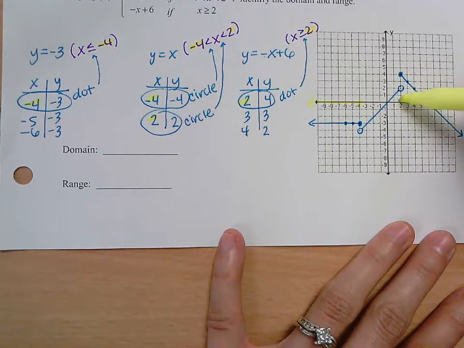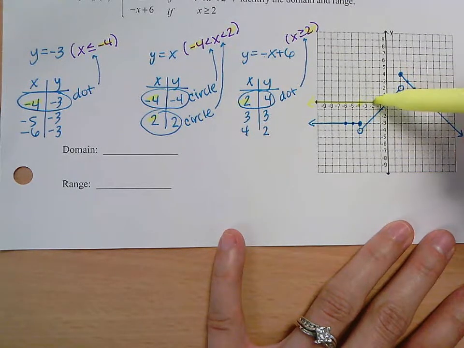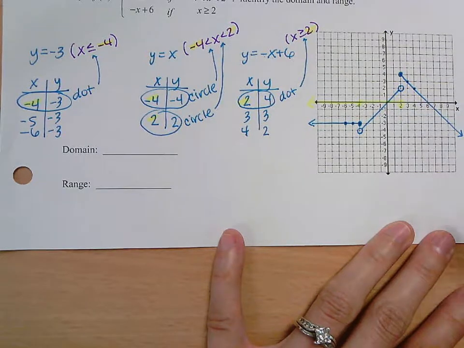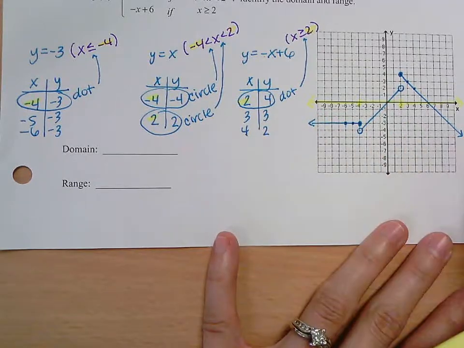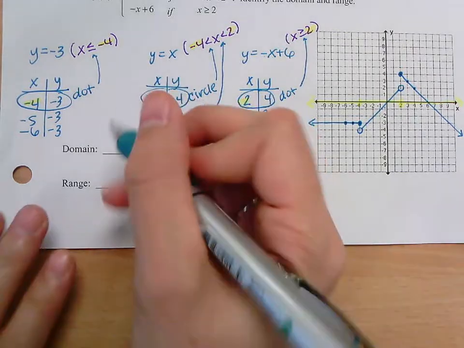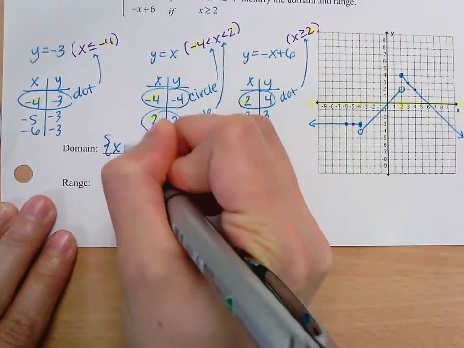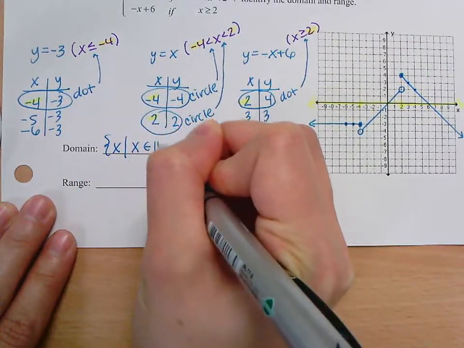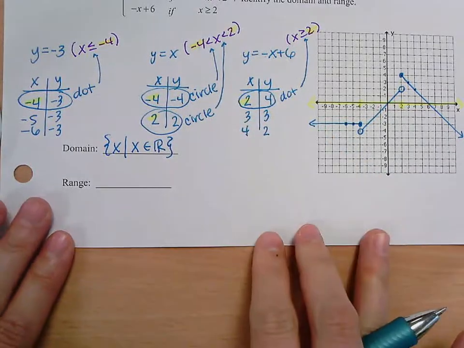And then a circle at 2, and it includes everything in between. And then my last piece has the dot at 2, so now 2 is also included, and everything to the right. So everything ends up getting shaded on the x-axis, so the domain is all real numbers again. So x, such that x is an element of the real numbers.